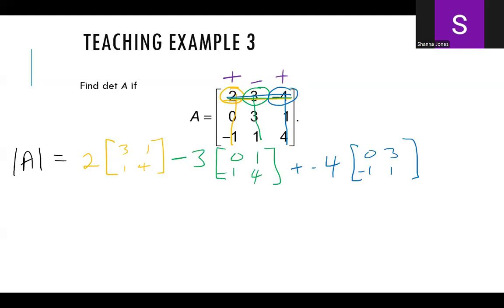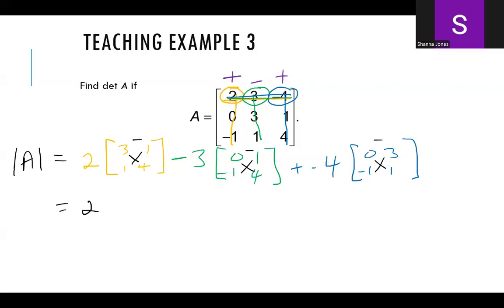After we've done that, the second step is to find the determinant of each one. Okay. So we're cross multiplying and subtracting, cross multiplying and subtracting, cross multiplying and subtracting.